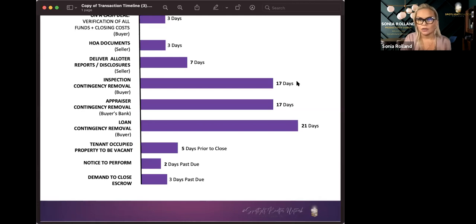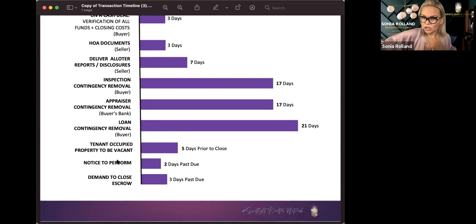And then on day 19, you can call and ask and be in communication with them. But it has to be 2 days past due for us to be able to send an actual notice to perform. And then after that, every single day, you can send a notice to perform 3 times. And then you could walk away. So there are legal steps. It doesn't just automatically qualify the seller to walk away or something like that.